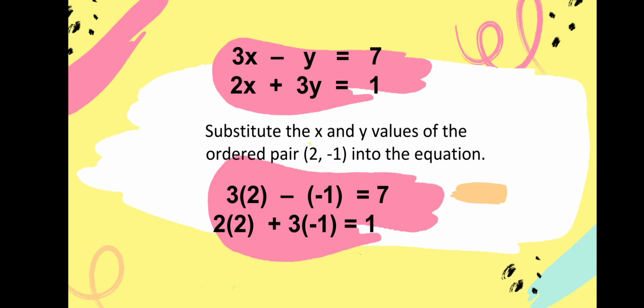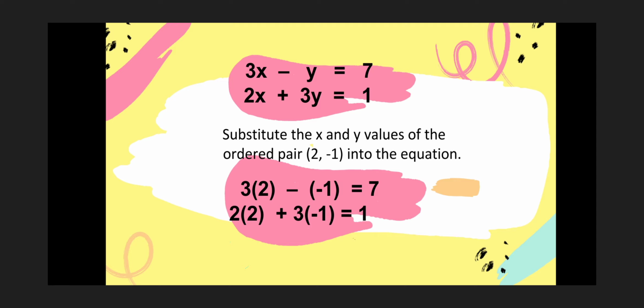So from the above example, 3x minus y equals 7, 2x plus 3y equals 1, let us substitute the value of x and y from the ordered pair 2 and negative 1 into the equations. So, in the first equation, 3x minus y equals 7. So, 3 times the value of x, which is 2, minus the value of y, negative 1, equals 7. So, this is true.